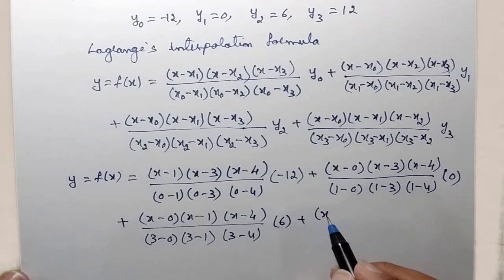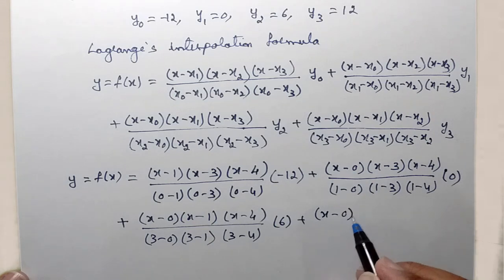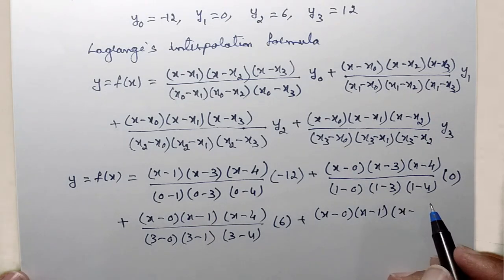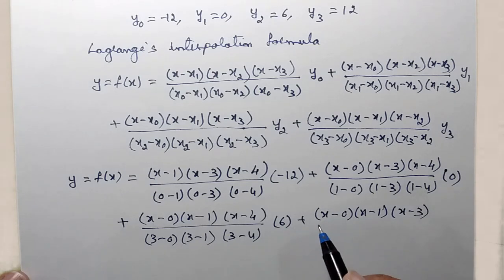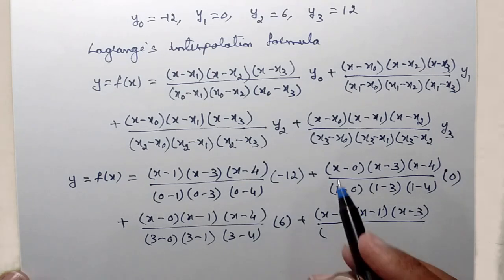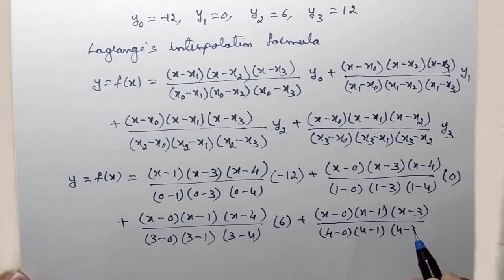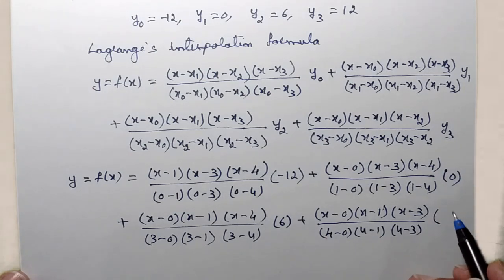Plus you have x minus 0, x minus 1, x minus 3, whole divided by the corresponding value x3, which is 4, so it is 4 minus 0, 4 minus 1, 4 minus 3, into y3, which is 12.